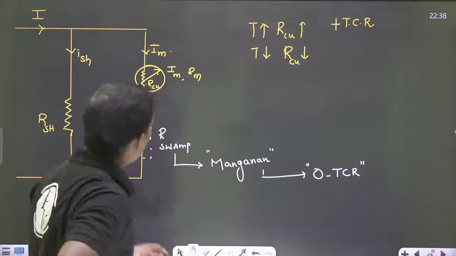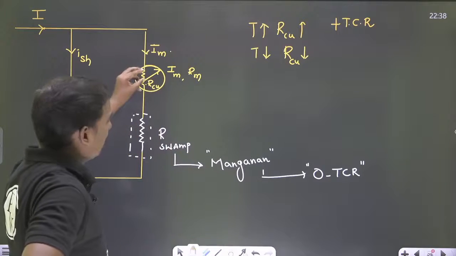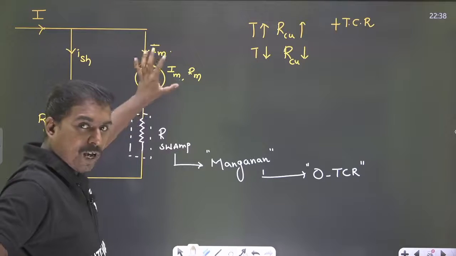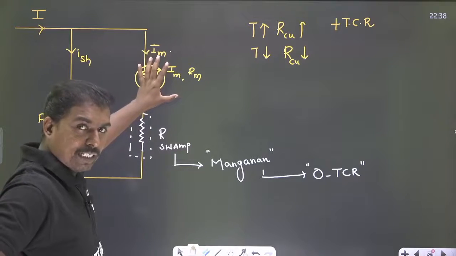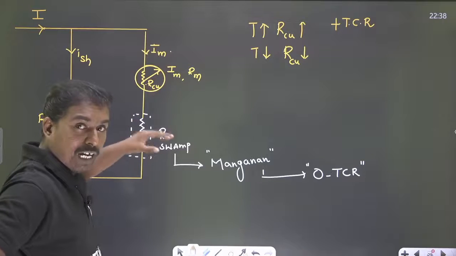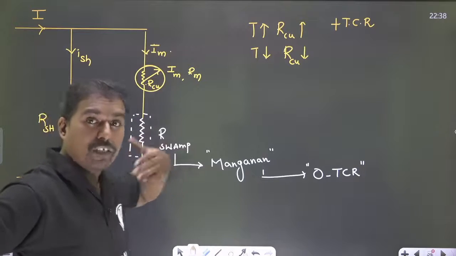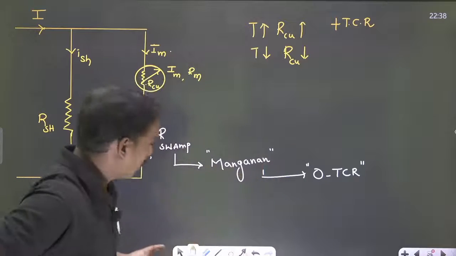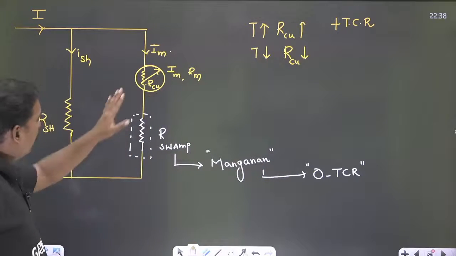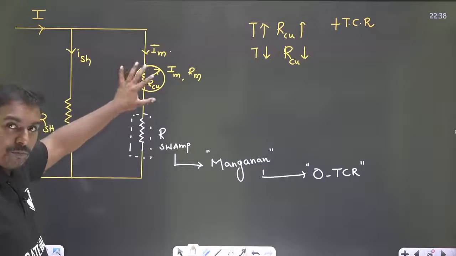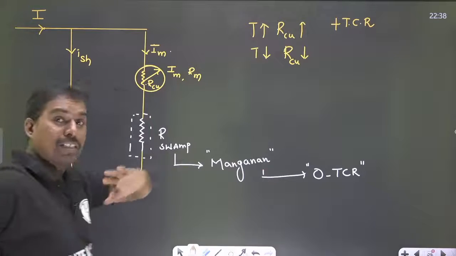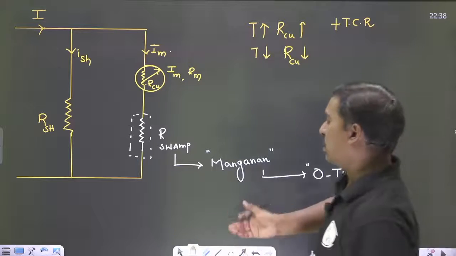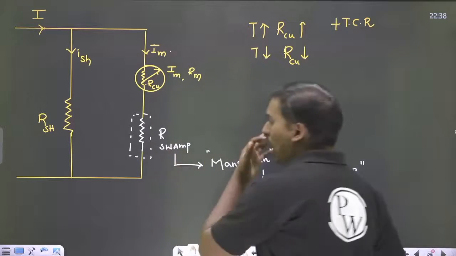So whatever adjustment is happening here because of the temperature, that much is compensated here. And the swamping resistance has 20 times or 30 times higher resistance value, so then what happens? Definitely the current proportion will remain the same as before.